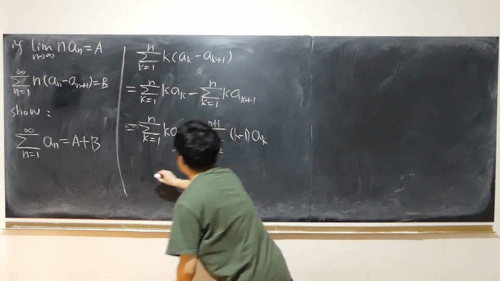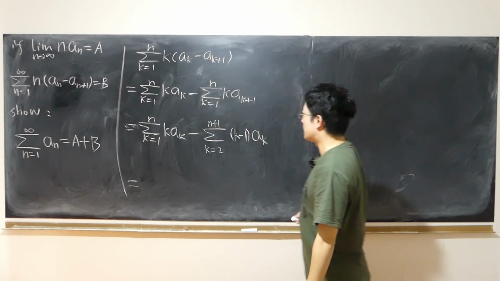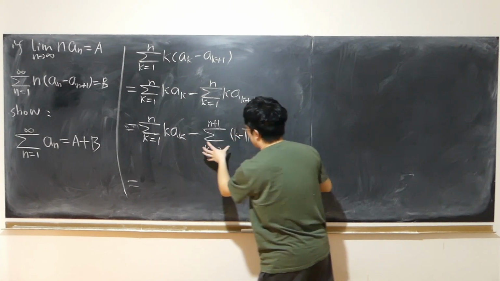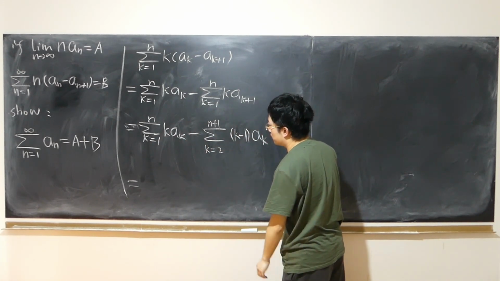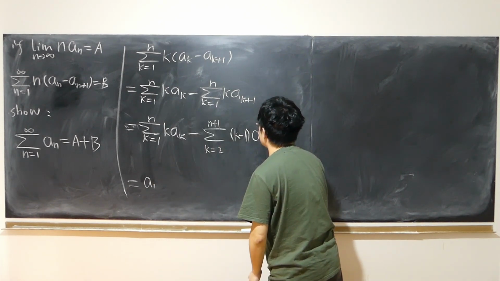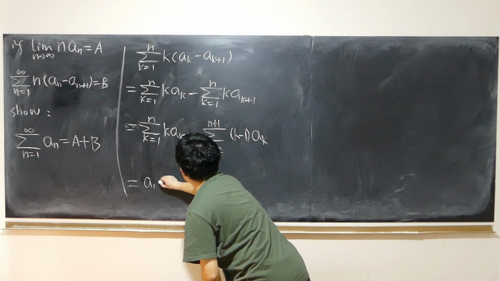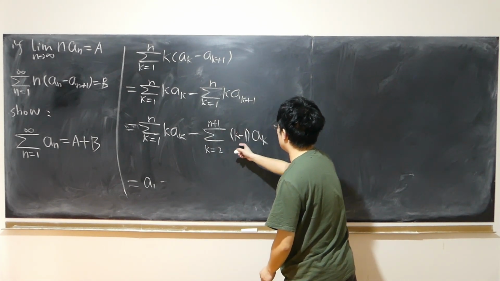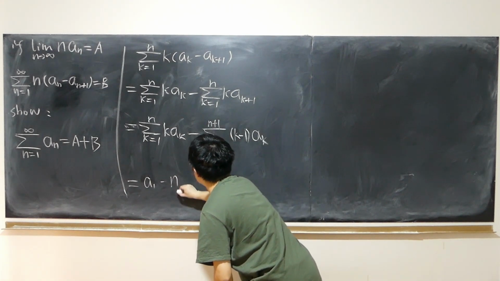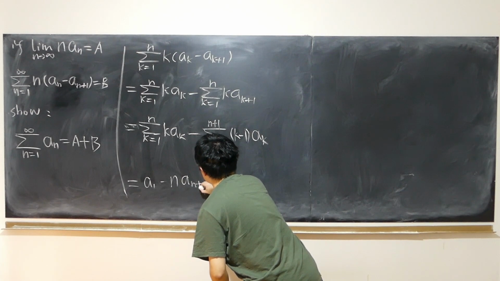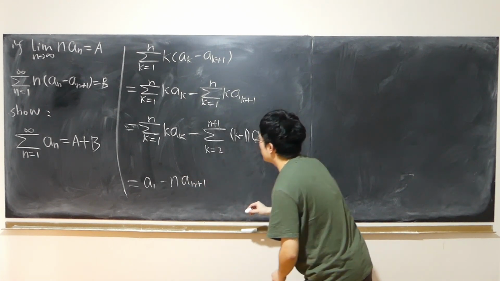So then I'm going to take out the first term of this sum and take out the last term of this sum. First term, a_1. Last term is, of course, this minus (n plus 1 minus 1) times a_{n+1}. We're going to deal with that later.